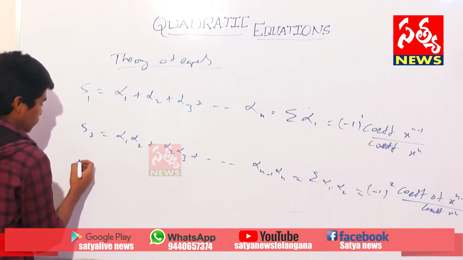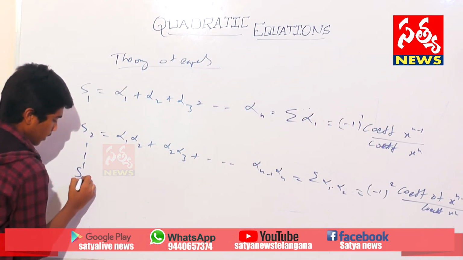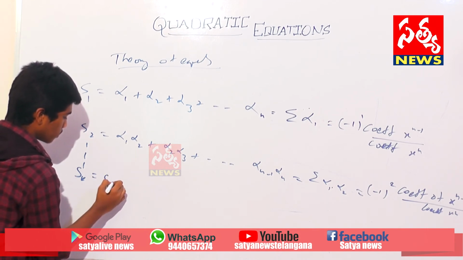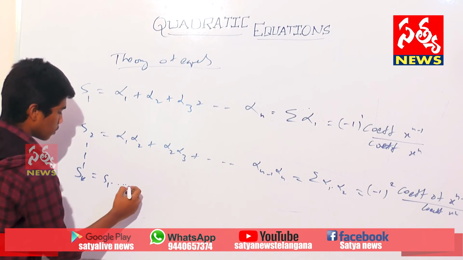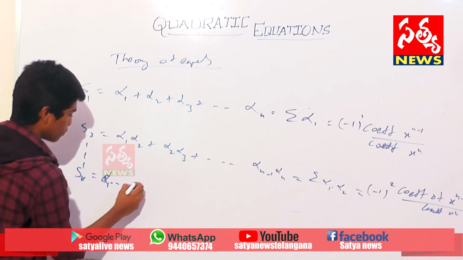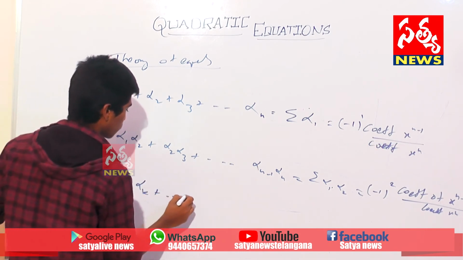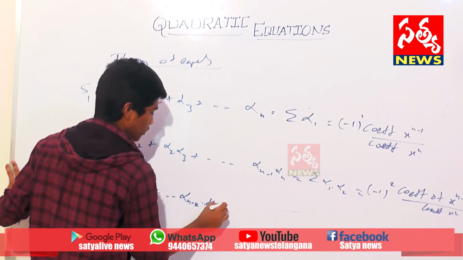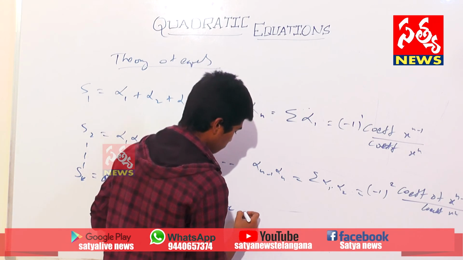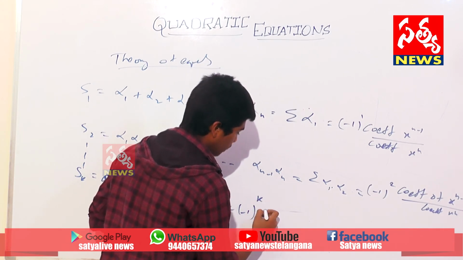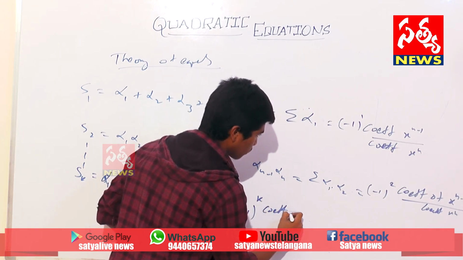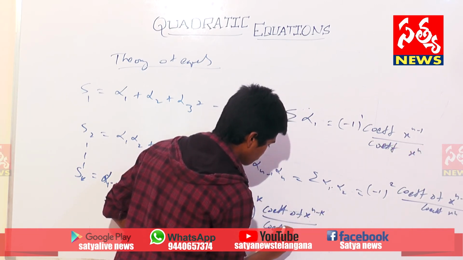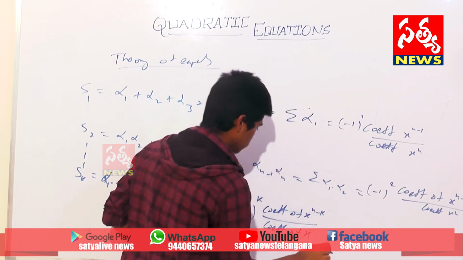And similarly, so on, Sk is equal to minus 1 whole power k into coefficient of x power n minus k by coefficient of x power n.